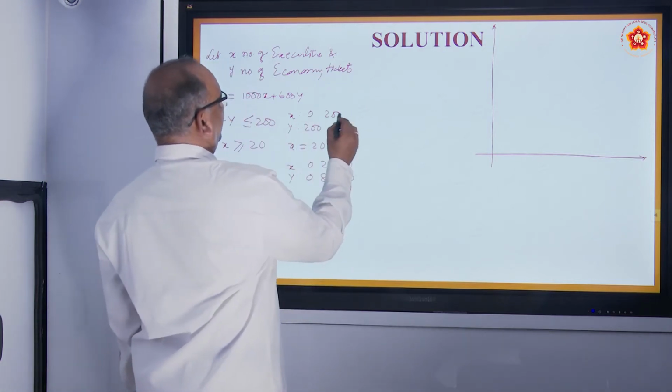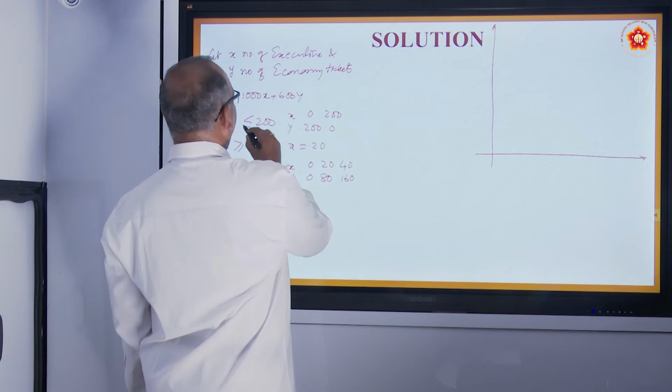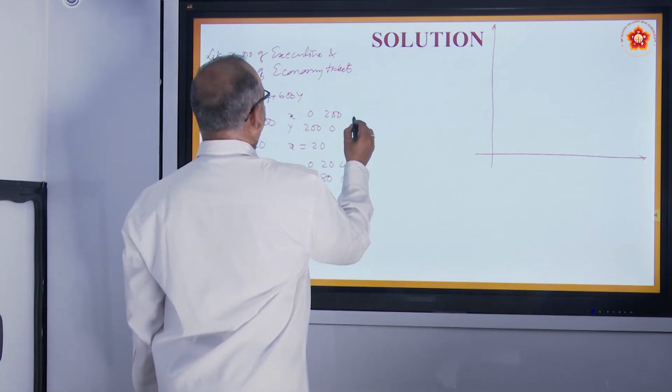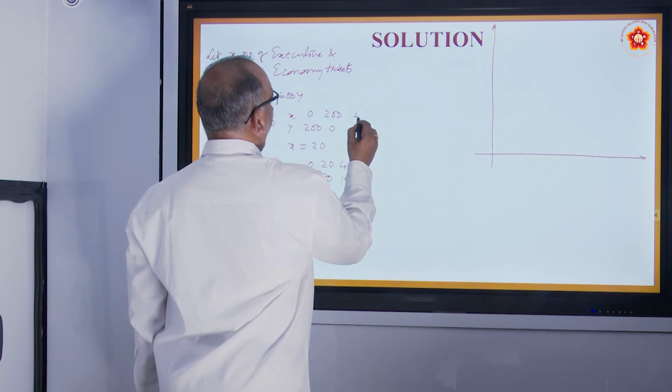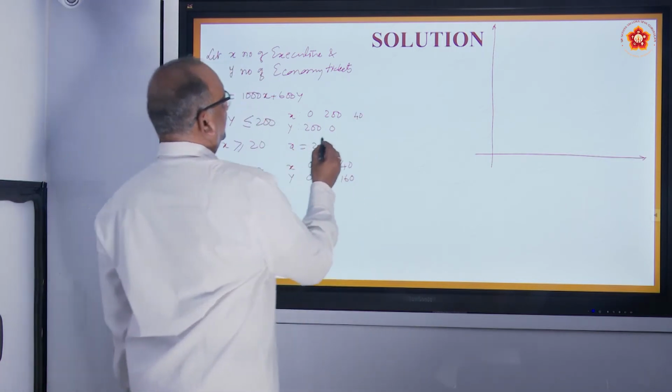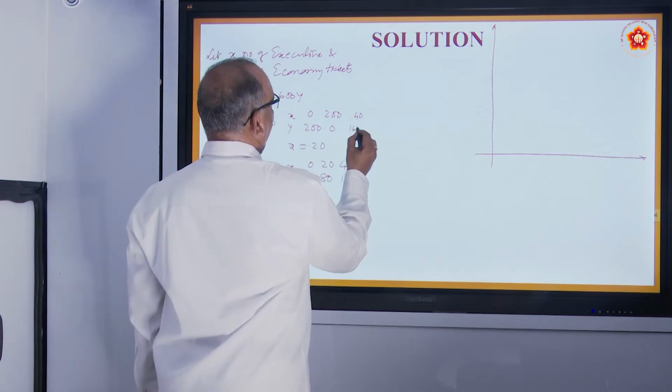Here also we can take 1 or 2 more points so that it will become easy. Let us say x is 40. If x is 40, y is going to be 160.